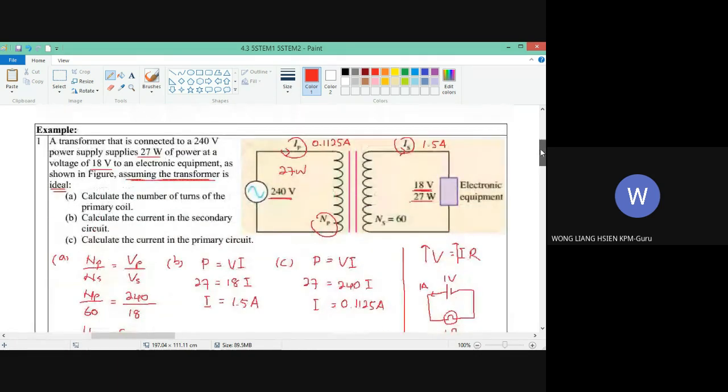Okay, the power is already fixed. This power, 27 watt, comes from the supply in the primary coil. So if the primary coil supplies 27 watt, then the secondary will get 27 watt only.